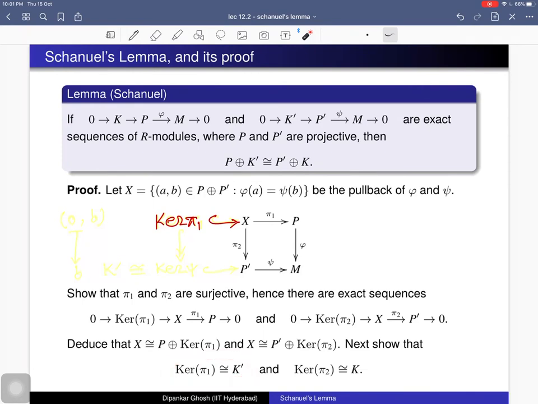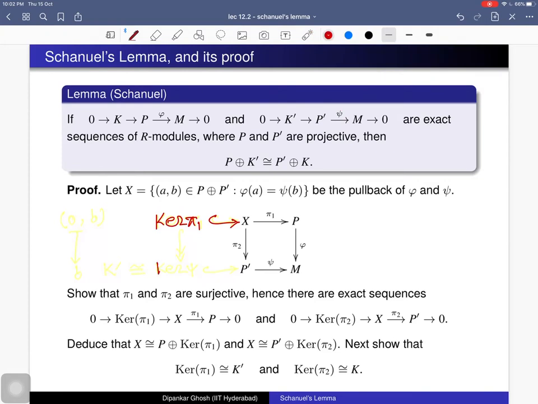If we consider this short exact sequence, then from here we get that K prime is isomorphic to its image via this map, and since this is a short exact sequence, the image of this map is the same as the kernel of this map. So, basically we are getting that K prime is isomorphic to the kernel of psi.